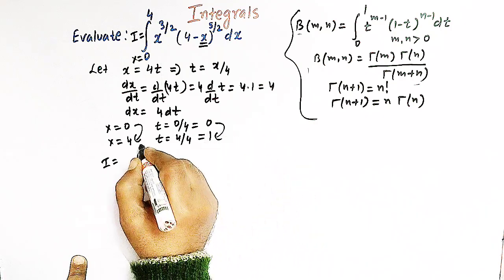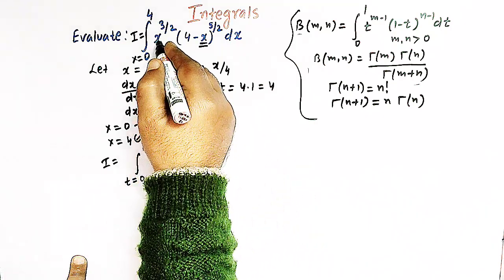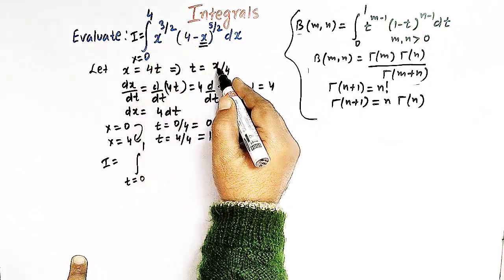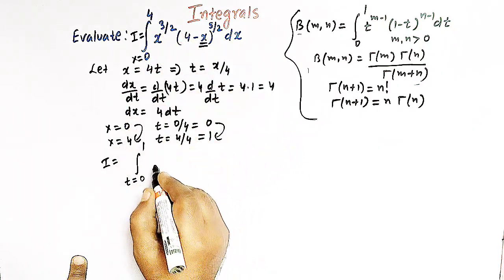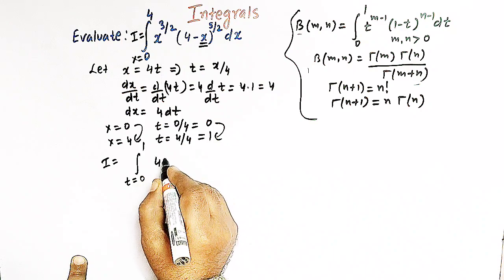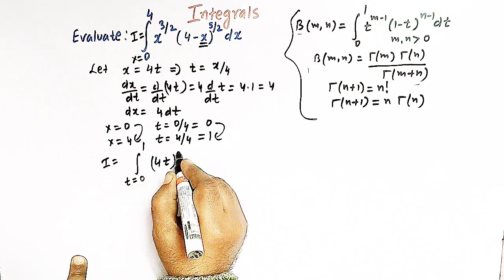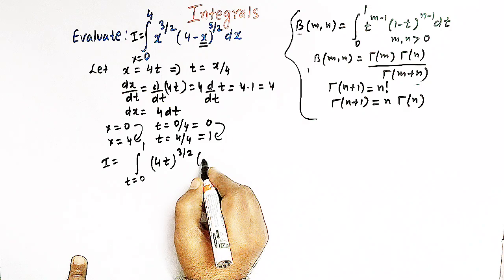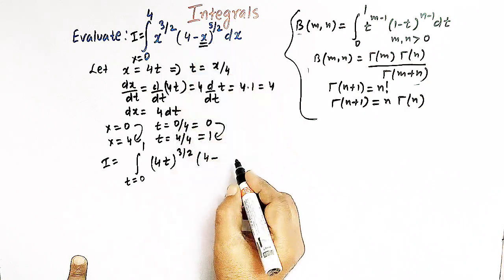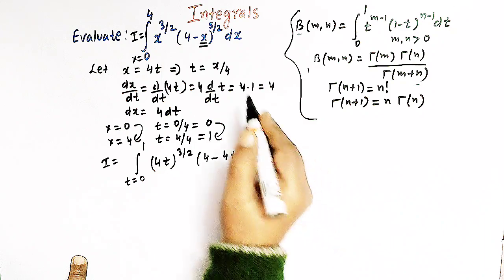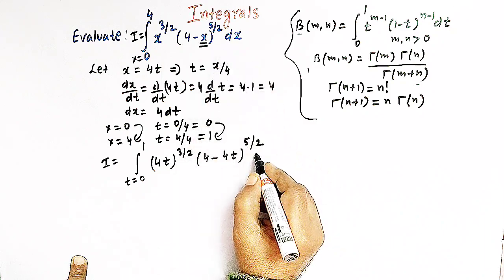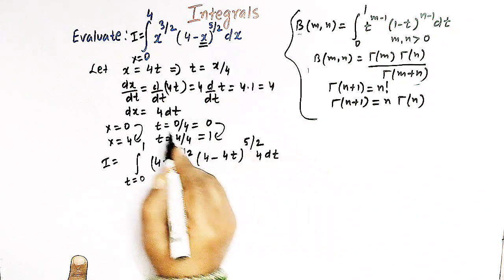So we have here 0, here we have 1, and x raised to 3 by 2. x is given by 4 times t, so we can now write (4t) raised to 3 by 2. Then we have (4 minus x), which is 4 minus 4t, raised to 5 over 2, and dx is given by 4 times dt.